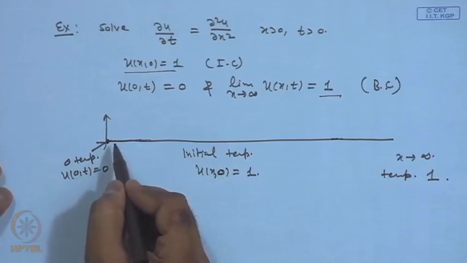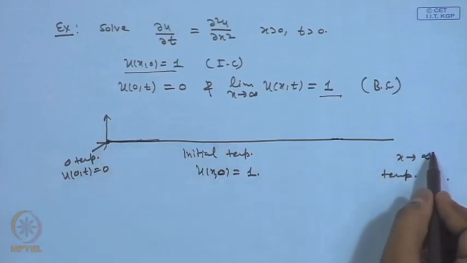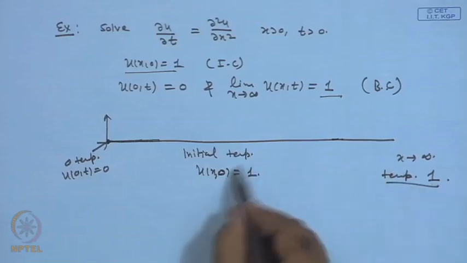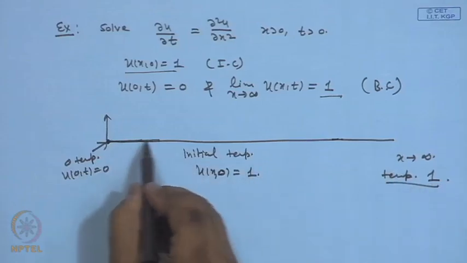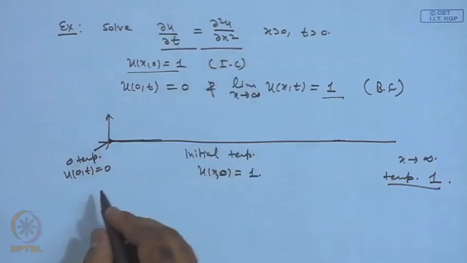So, here the conduction will take place, and as x approaches infinity, still the temperature is 1. So, now we are interested to find this temperature, that means the solution of this heat equation.